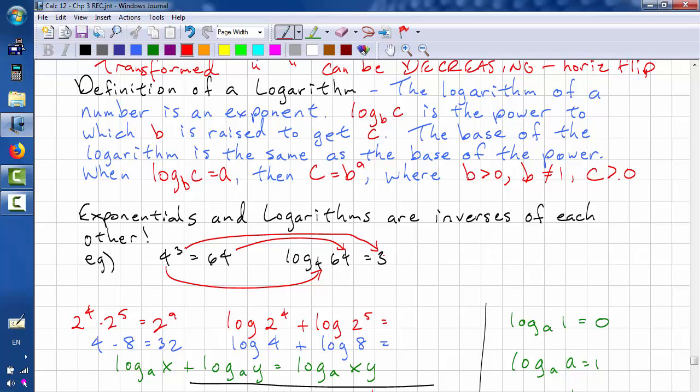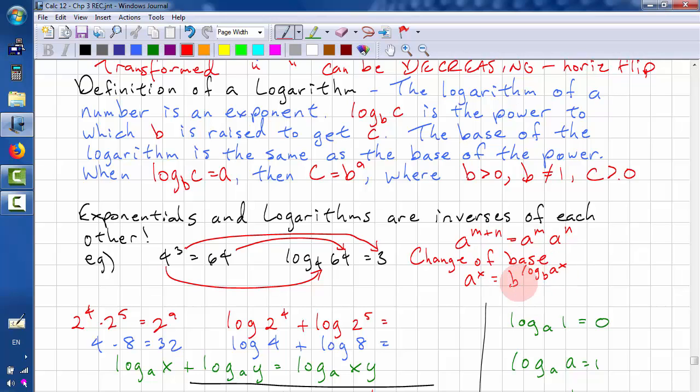Okay, we have log laws, we have exponent laws. I'm just going to remind you of some exponent laws. a to the power of m plus n equals a to the power of m times a to the power of n. And you probably haven't seen this one before. Change of base for exponentials. So a to the power of x equals b to the power of log b of a to the power of x.